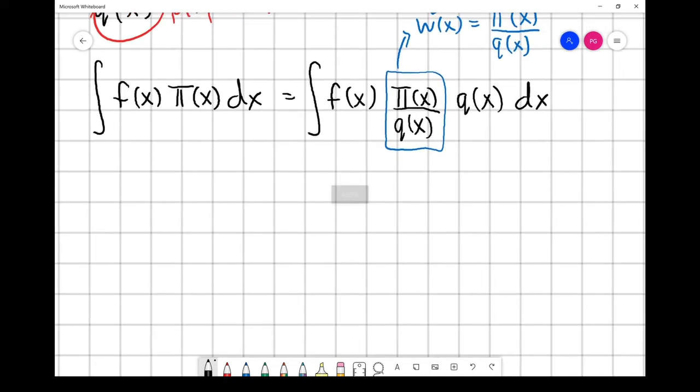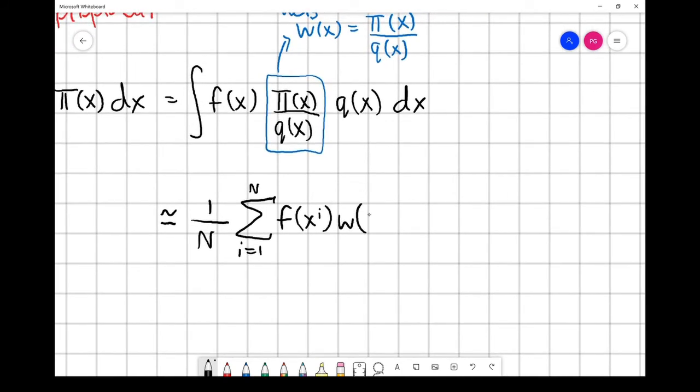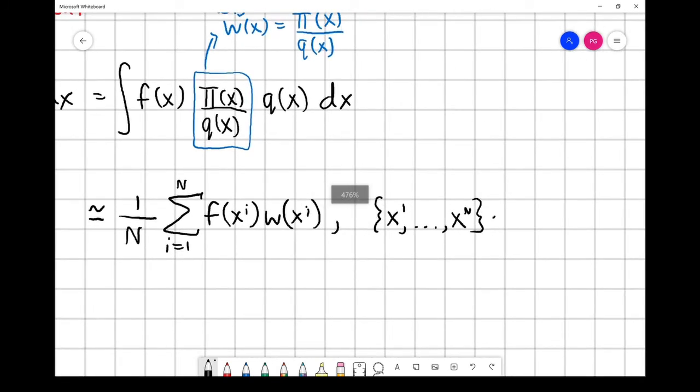So specifically, that means we are going to approximate this as 1 over n, and then our summation, and like I say, we've got our function evaluated at the ith sample, multiplied by this importance weight at the ith sample, where now each of our samples, x1 to xn, have been generated from q.